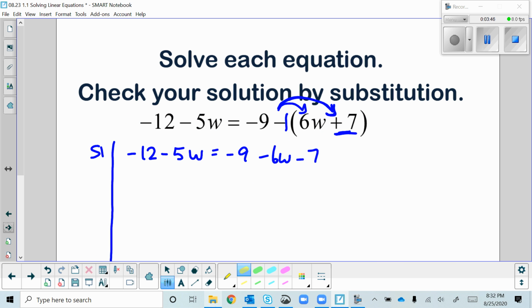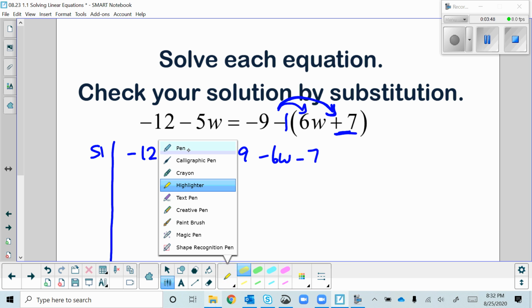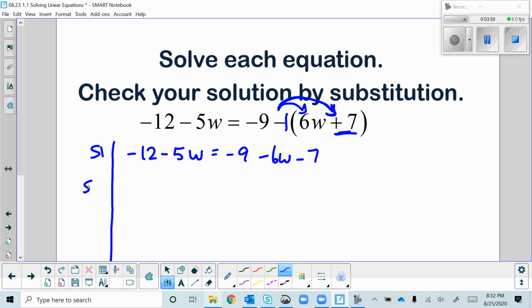Step 2. On the left side of the equation, there are no like terms, so we're going to bring everything down and leave it the same. And what are like terms on the right-hand side? The -9 and the -7, right? And nothing combines with the w term.